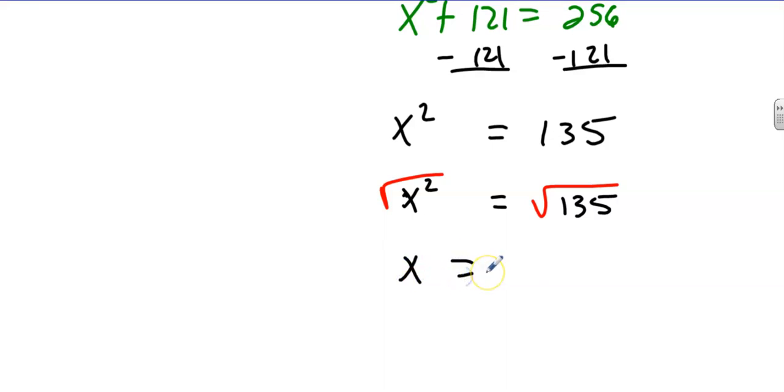The good thing with this one is it's a distance, so we don't have to worry about the negative numbers, because if it's a distance, it cannot be negative. It's got to stay positive. From there, we're just going to square root 135 and round it off to 2 decimal places. That should be 11.62.